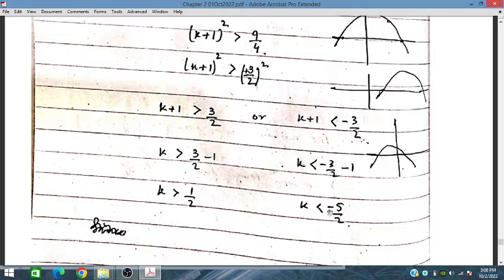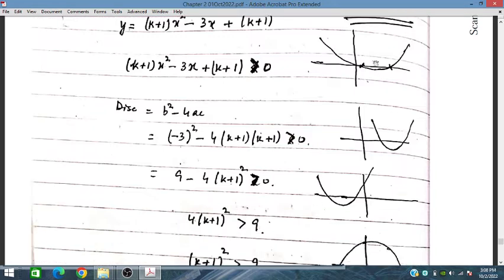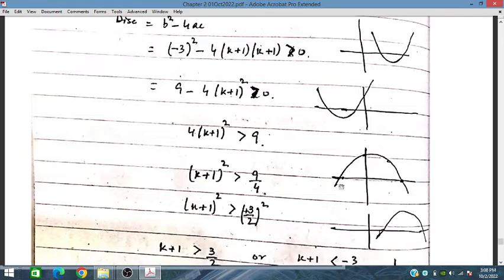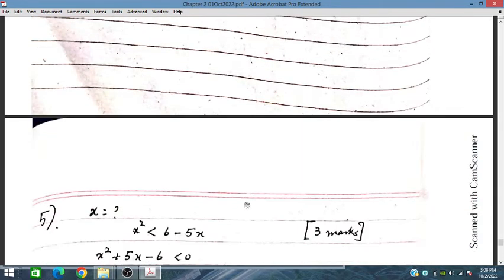So for both conditions, this will be below 0. For any k value, any shape of the curve is possible, and that value is below this for these conditions. So this is simple. Question number 4.